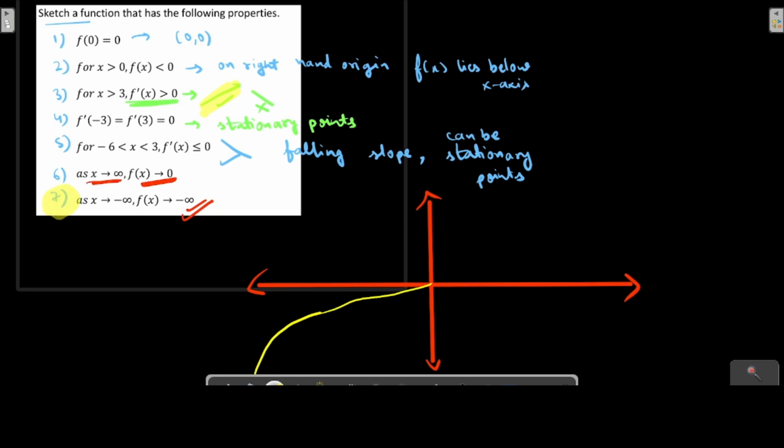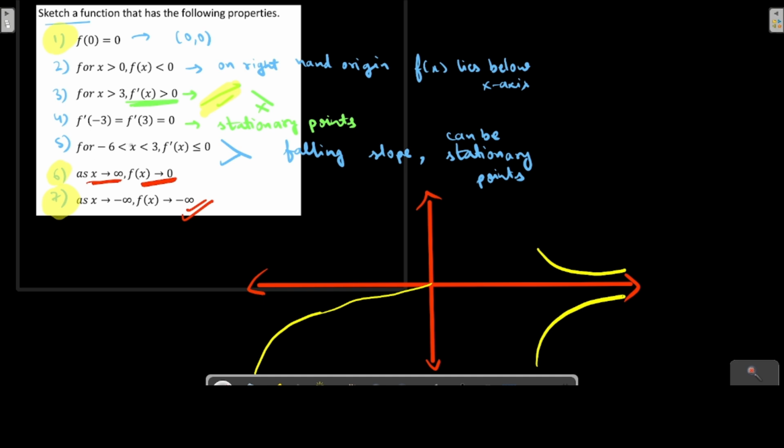Then what is being said: as x tends to infinity, it's something like this. Either the graph will be like this or like this. We need to decode that for the sixth condition. It will be one amongst two.